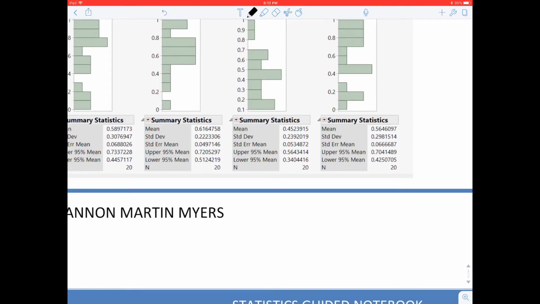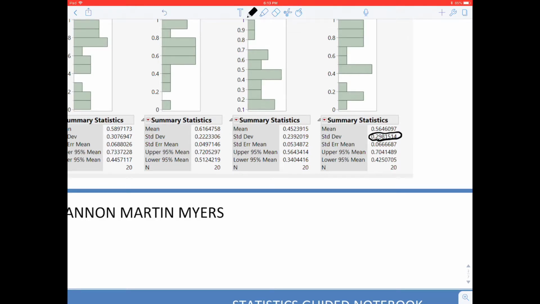Let's look at the standard deviation. 1 divided by 12 is 0.083, but remember we'd have to square root that, and that ends up being, lo and behold, about 0.288. We'll go to the nearest hundredth, 0.29.